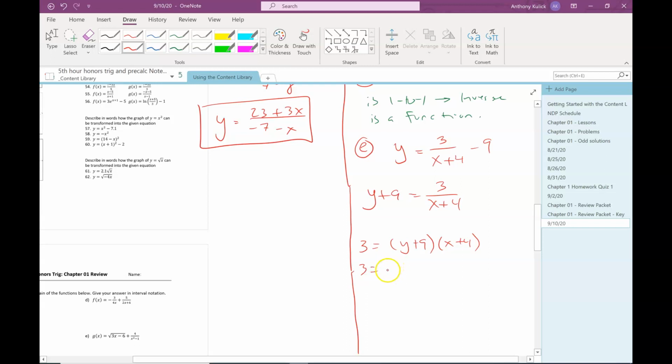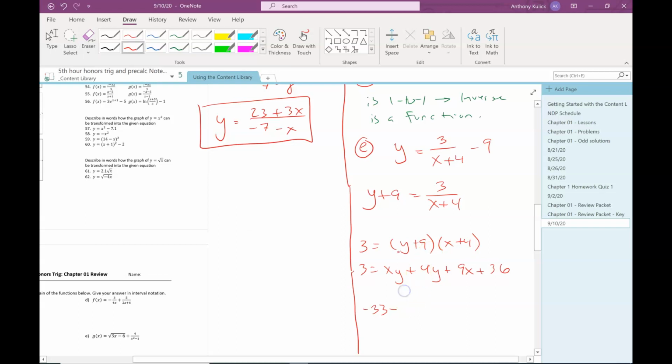And then I have to FOIL. And I'm going to move everything that doesn't have an x in it to the other side. So I have negative 33 minus 9y.